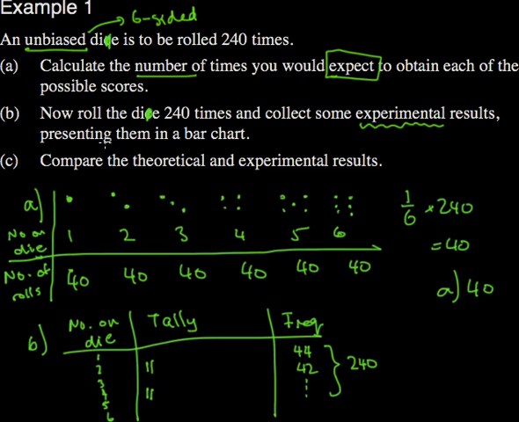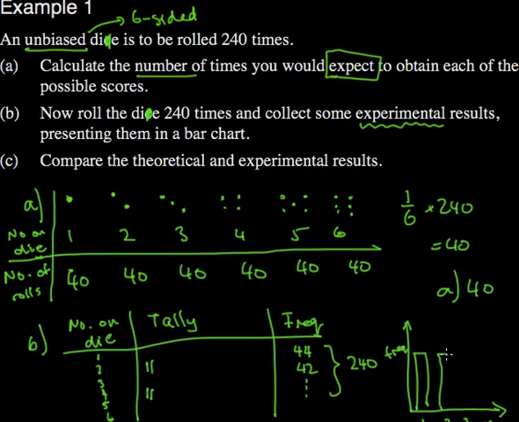It's asking then for you to present it in a bar chart, and that would probably best be done on graph paper. But a small sketch here should show you roughly what it would look like. If on this axis you had frequency, and on the bottom axis you'd have the different scores, so this would be a 1, 2, 3, and so on.